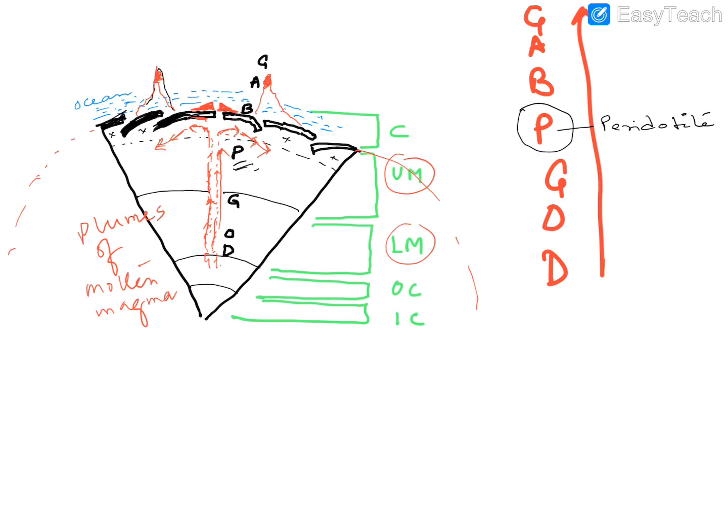Try to understand in a larger perspective. Molten magma is rich in several minerals, so different kinds of rocks will form. Near this upper mantle, never forget, the rock is peridotite, the P of dog pee bag. This peridotite is made up of two minerals, olivine and pyroxene.